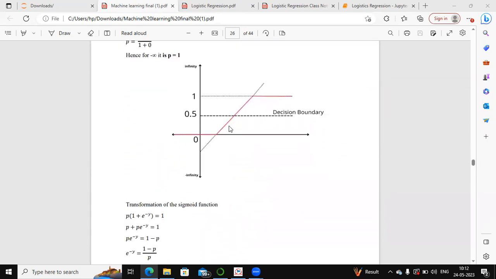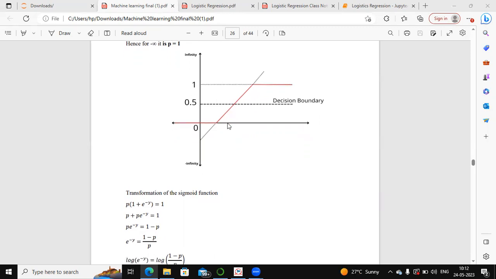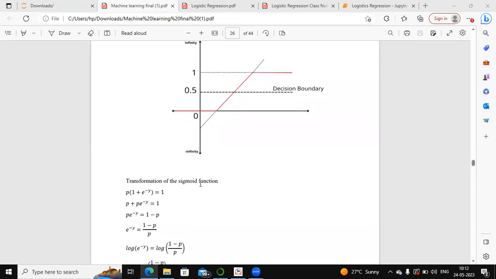This is the decision boundary. Anything that lies above 0.5 will be considered 1, and anything below 0.5 will be considered 0. Now let's do the transformation of the sigmoid function.